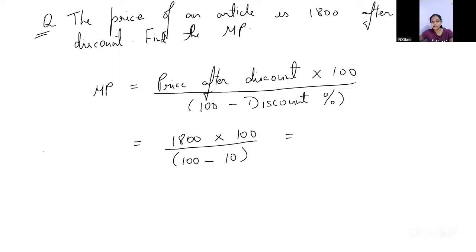I have taken the discount percent beneath, and it is in percent. On the top, I have mentioned 100 with the price after discount, and beneath I've done 100 minus discount percent. This is the formula when you have the price after discount and your discount percent given. So we have placed the values, find out the answer.